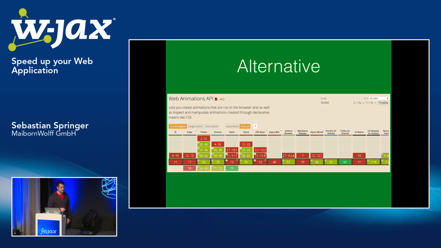The downside is the support for the Web Animation API is not that good. So you can use it in Firefox and Chrome and have to use an alternative for Edge and Safari right now. Safari is planning to implement this API, but Microsoft is not.